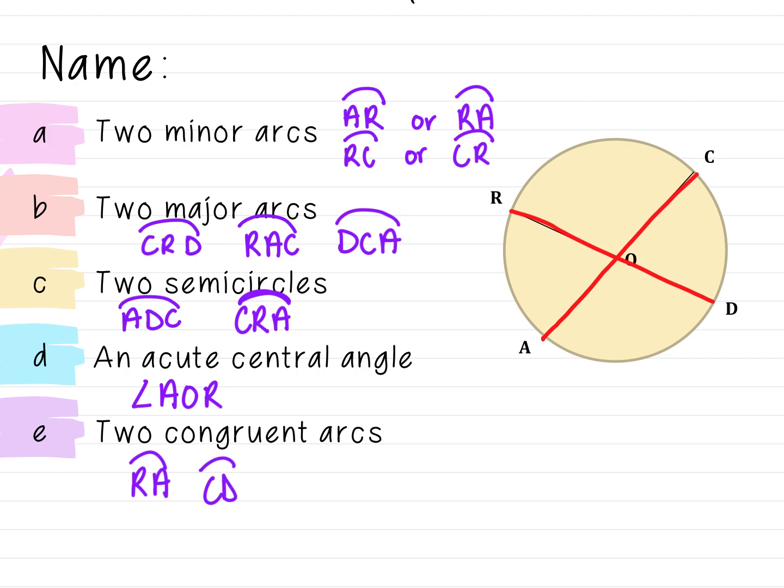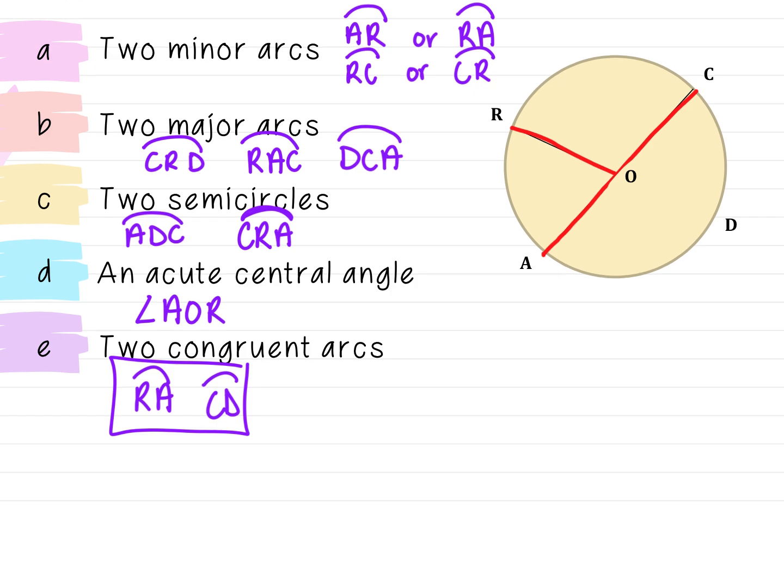All right, I could also write my semicircles. Let's just say they're not giving us, technically, the angles. And let's say I didn't know that this one was my diameter. I would have CRA and ADC. So this is more questionable if they're not giving us the measurements, and they're really not.